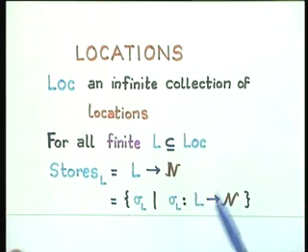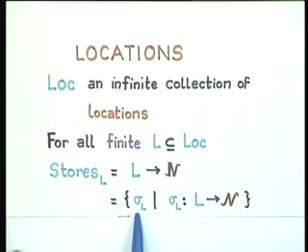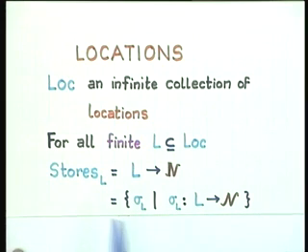Given a finite set L, the set of all possible values that may be associated with each location is a store at any instant, and the set of all stores is the set of all possible such mappings that you can draw, right, and this set of stores is of course parameterized by the finite set of locations that you are considering at the moment.